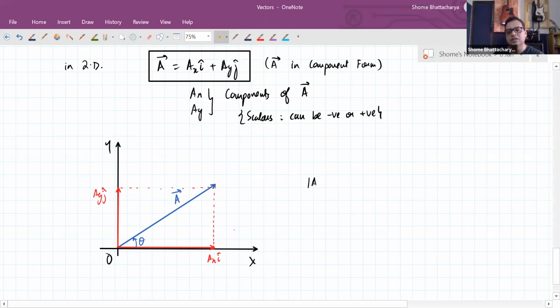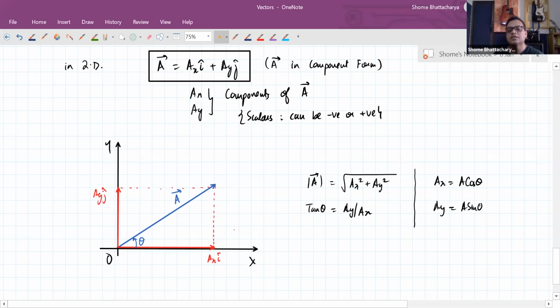The magnitude of the vector is like the hypotenuse of this right angle triangle. So it is square root of ax square plus ay square, and tan theta is equal to ay by ax. Or inversely, we can say that ax is the magnitude of the vector into cos theta, whereas ay is the magnitude of the vector into sine theta, where a is nothing but mod of, or magnitude of, the vector.